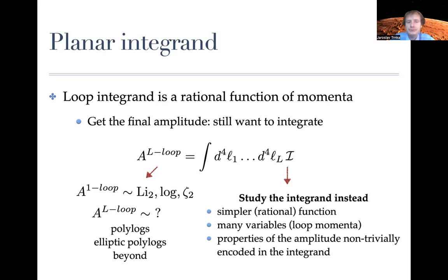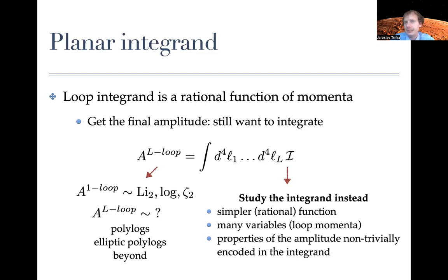At higher loops, we definitely get polylogarithms, elliptic polylogarithms, and so beyond. The space of these functions and how to evaluate these integrals is a very open area of research. It's also a function of many variables, many cross ratios. So it's a huge industry.